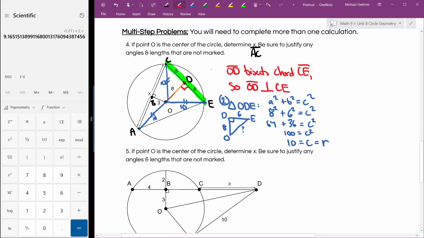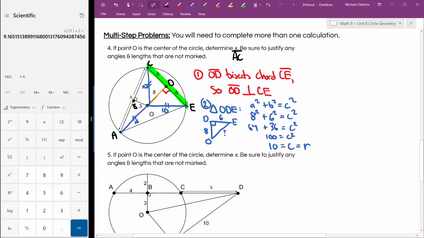Now, in these multi-step things, it might be helpful to kind of number your steps. So first thing I did was get the right angle. Next thing I did was solve the right angle triangle, ODE, for the radius of the circle. Next thing I'm going to do is look at another right angle triangle. So if, for example, I look at this triangle here now, and that is triangle, let's call it BOC.